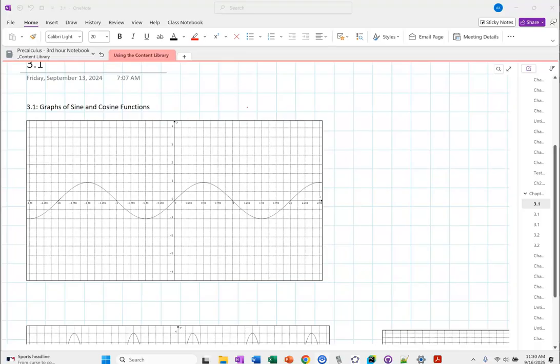We're going to be looking at really two primary skills in this chapter. We're going to be looking at taking an equation and turning that into a graph, and then taking a graph and turning that into an equation, and then a variation of that will just take a little bit of information from the graph and turn that into an equation.